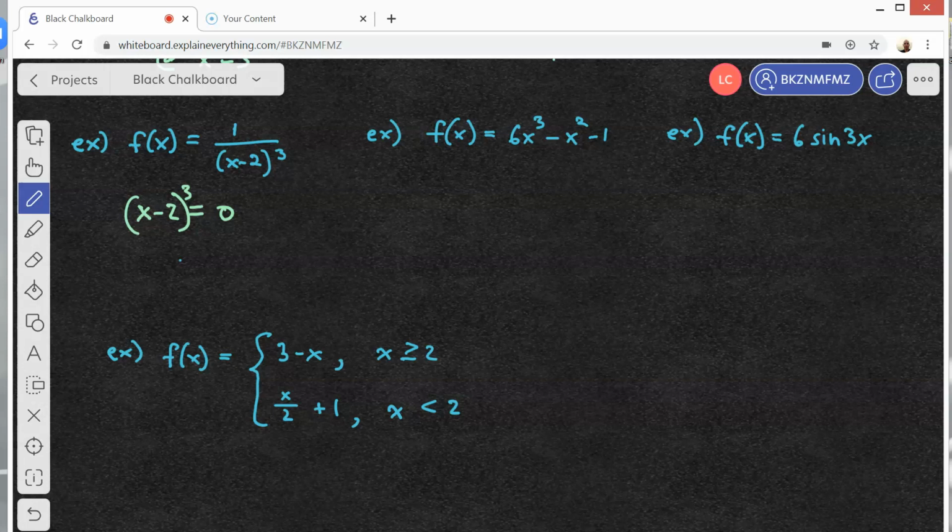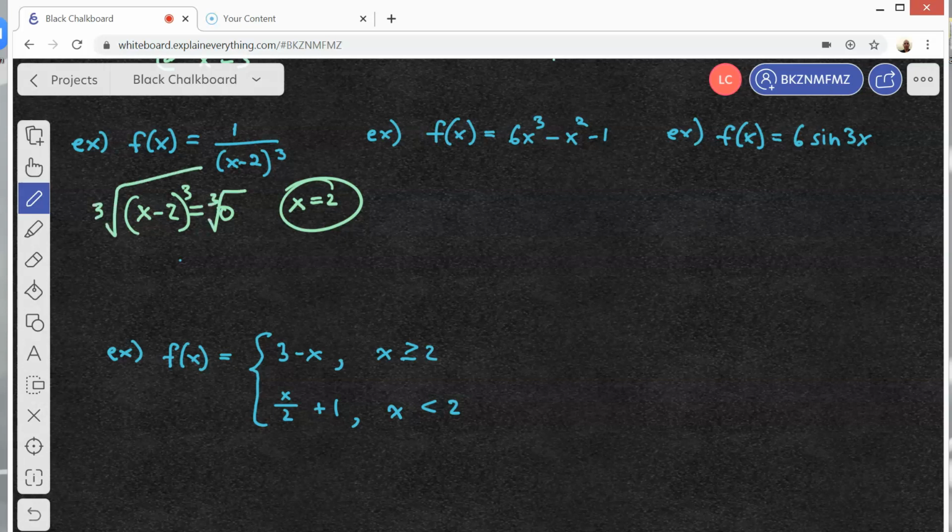Well, mentally, if you just look at the problem, when x equals 2, 2 minus 2 is 0. 0 to the third power is already 0. So mentally, you could just say x equals 2. That's how you get a 0. But if you wanted to solve, just set the denominator equal to 0. I guess you would do the cube root on both sides.